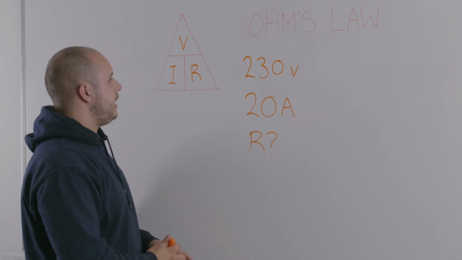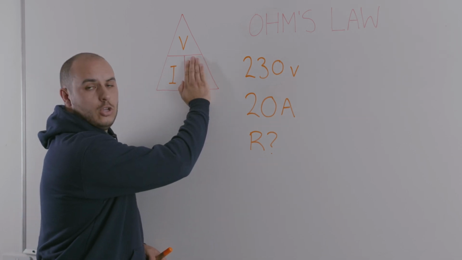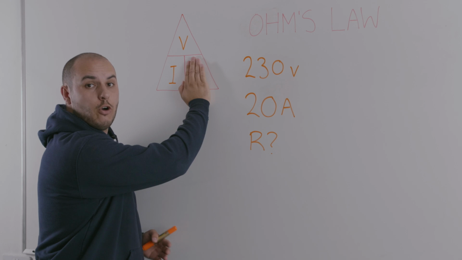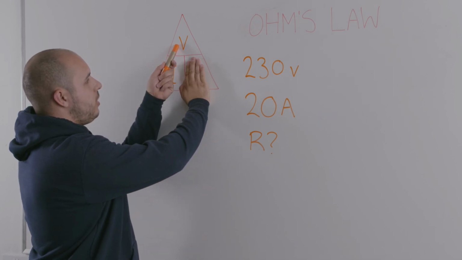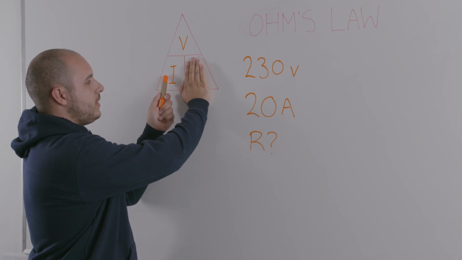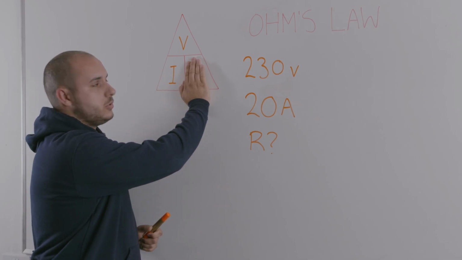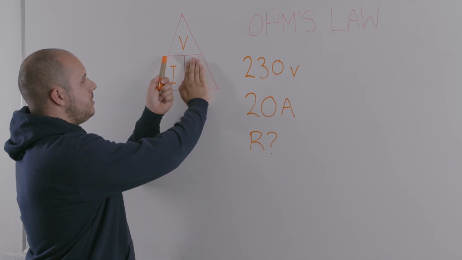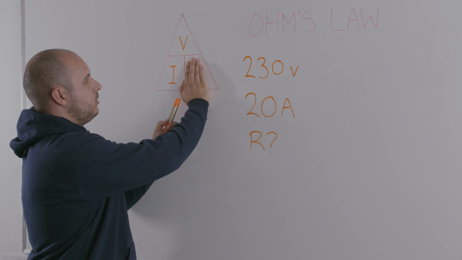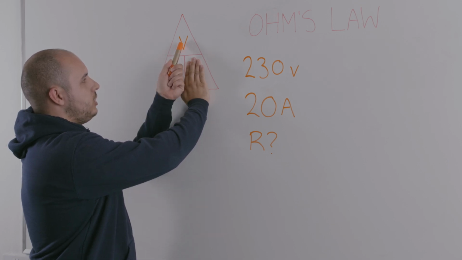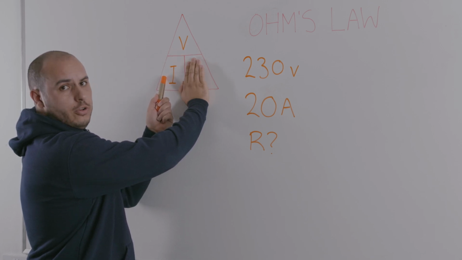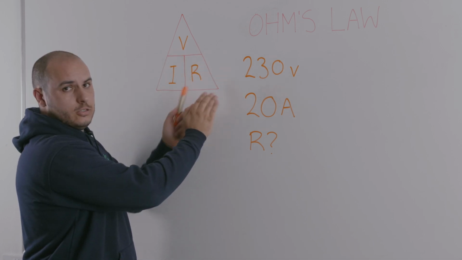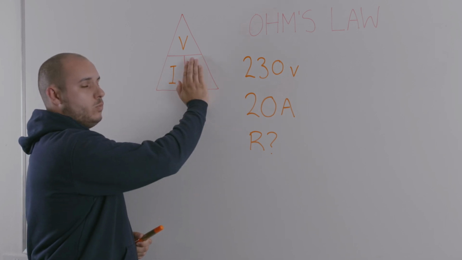So what we need to do is you cover up the one that you're looking for. So in this instance, we're looking for resistance, so we cover that one up. And we've got 230 up there for voltage, and we've got 20 there for amps, okay? And you can see there's the various lines on the triangle. So basically, the voltage must be divided by the current to get the resistance, because that's the one that we're trying to find, so that's the one we're going to cover up.